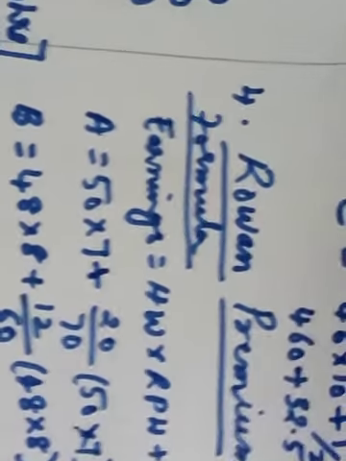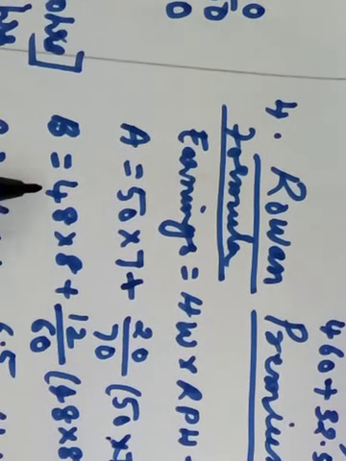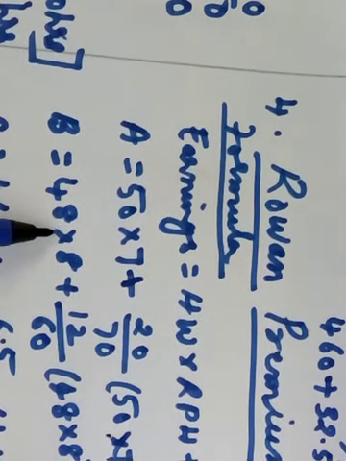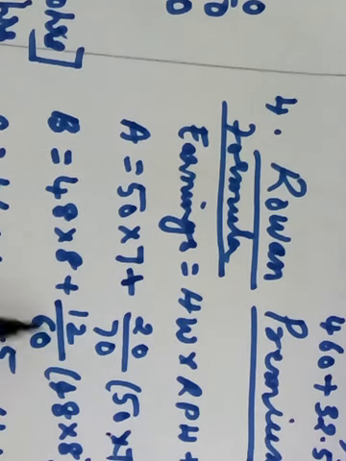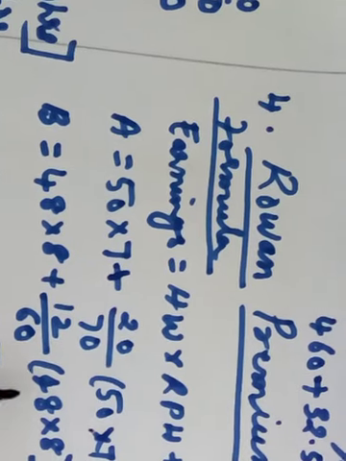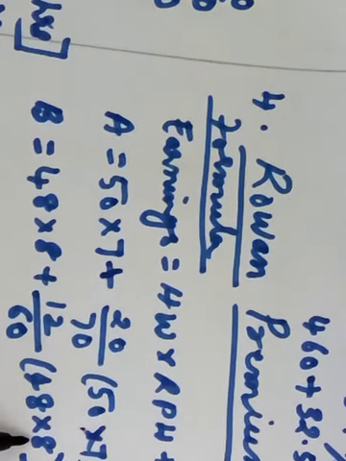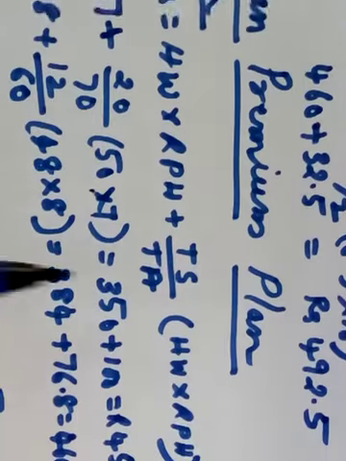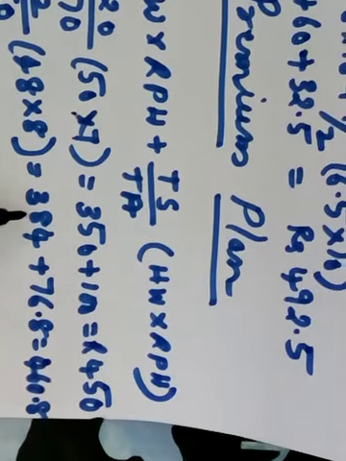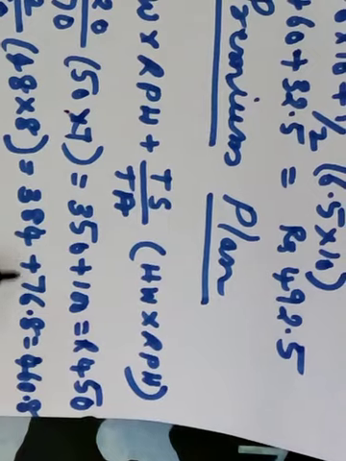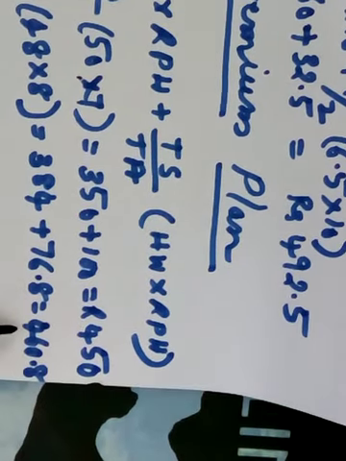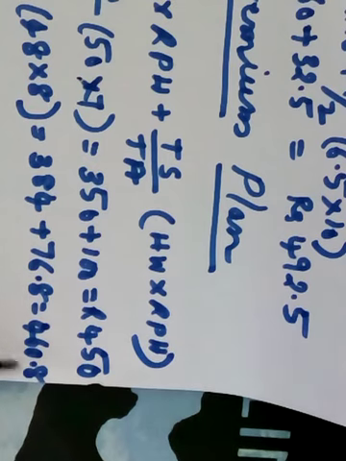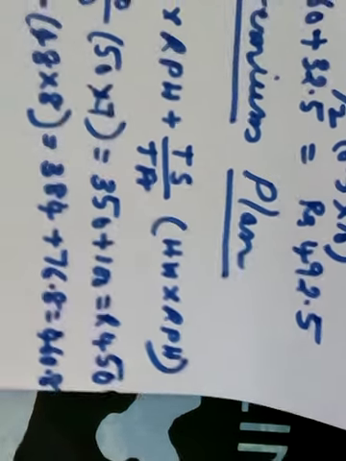The next is earnings of B. Here hours worked by B is 48 into rate per hour 8 plus time saved 12 divided by time allowed, that is standard time 60, into hours worked 48 into rate per hour 8. So this comes to 384 plus 76.8, and the total earnings comes to rupees 460.8.